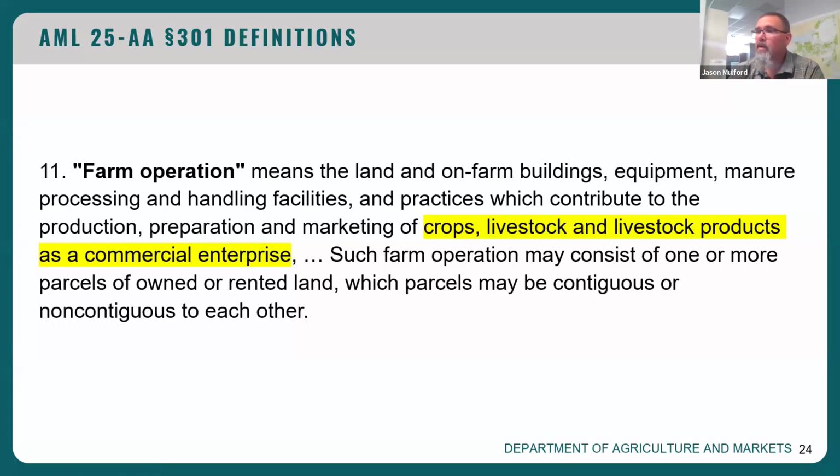What is the farm operation? A commercial enterprise that produces crops, livestock, and livestock products. If you just have somebody out there pasturing sheep, and doesn't sell any agricultural product, in our view, that's biological lawnmowers. That's not a farm. We have to have a sale of a crop.